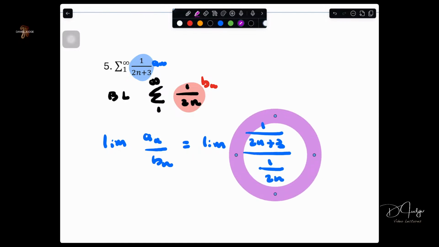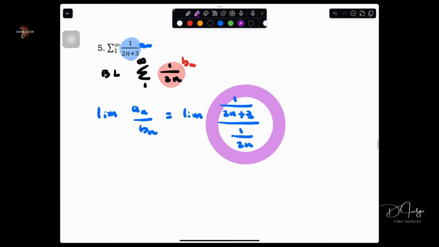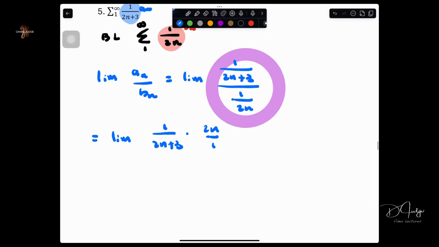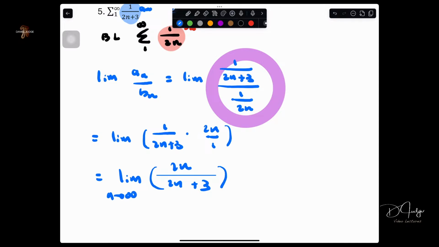Here is where we'll do some algebra. Meaning, we get the limit now, 1 over 2n plus 3 times 2n over 1, which gives us the limit of 2n over 2n plus 3 as n goes to infinity now.